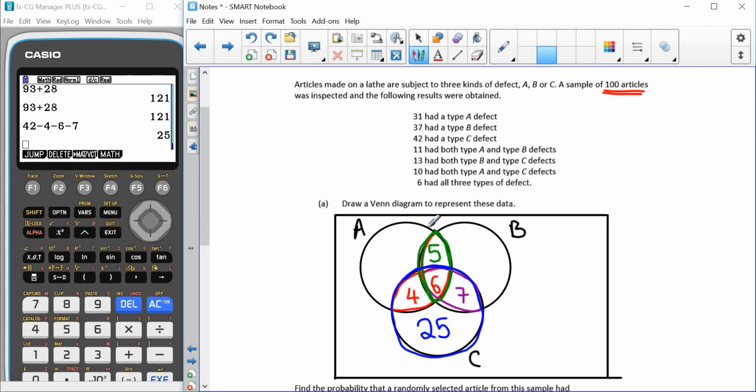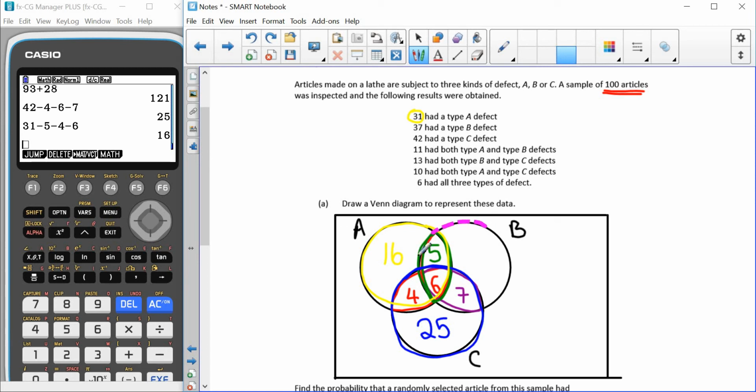Next, we're going to look at the circle for A. Doesn't matter if you do A or B first. Here we're meant to have a total of 31 items. Looking at this value here, I'll go back to B in a second. So that means that we had 31 minus 5 minus 4 minus 6. We only have 16 left over to go into this section here.